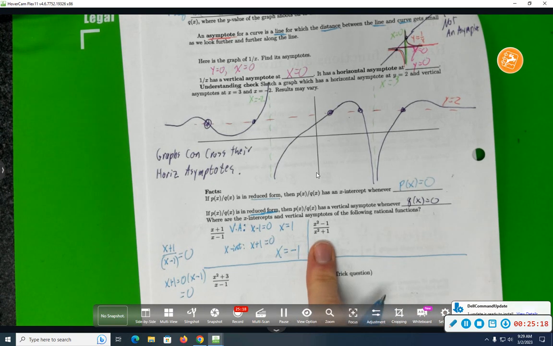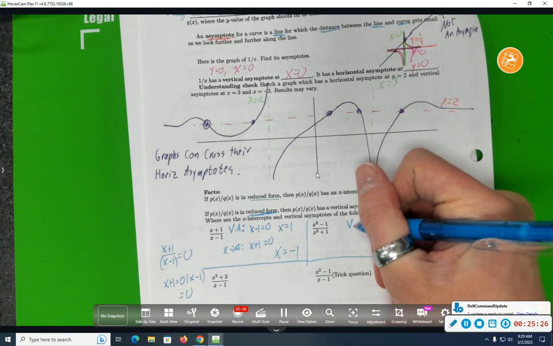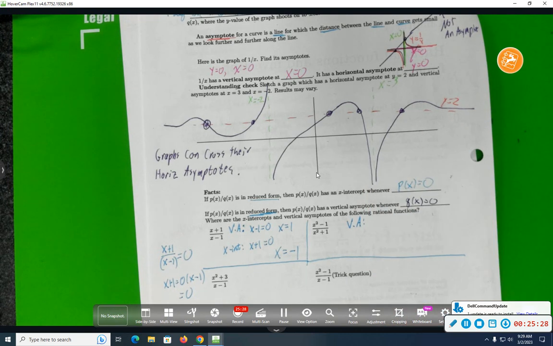Here is another rational function. Let's try to find its vertical asymptotes and its x-intercepts. Let's start with the vertical asymptotes. And we'll sketch a graph to see what it looks like. What do you need to set equal to 0 to find the vertical asymptotes of this thing? Yeah.